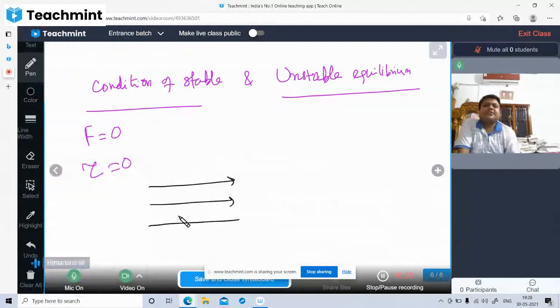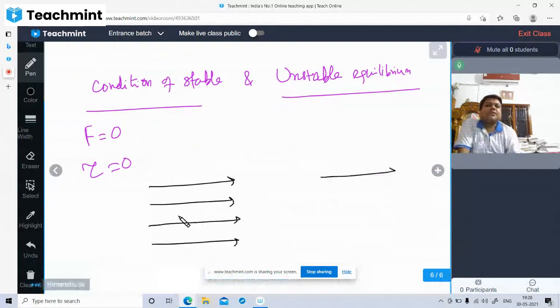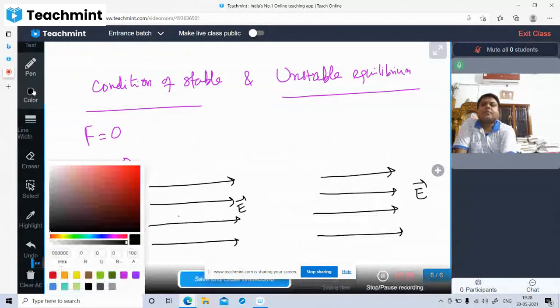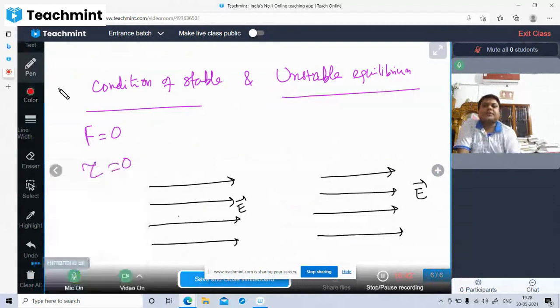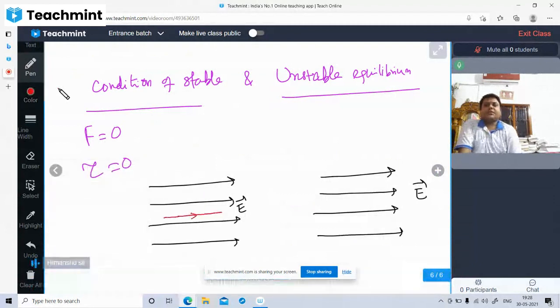Here one condition. Here another diagram. Electric field. Here another condition. Here electric field. Okay. So here in condition one, the dipole is minus q, plus q, theta is equal to 0.